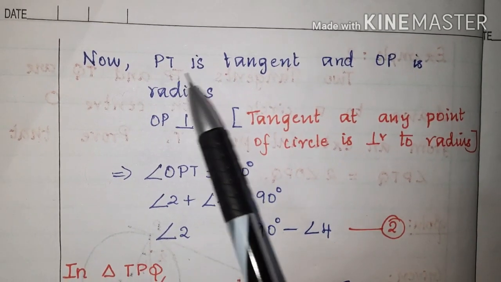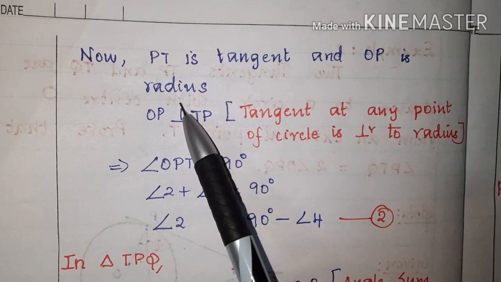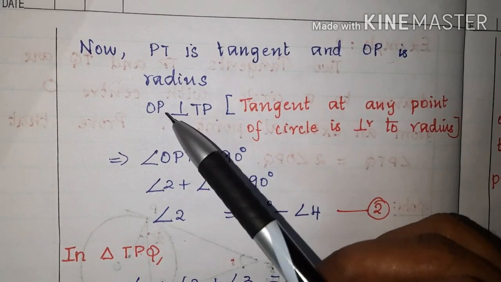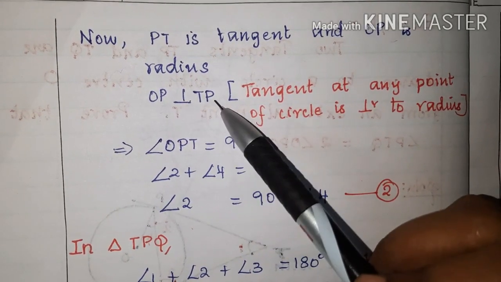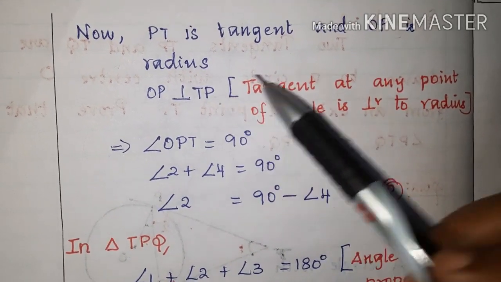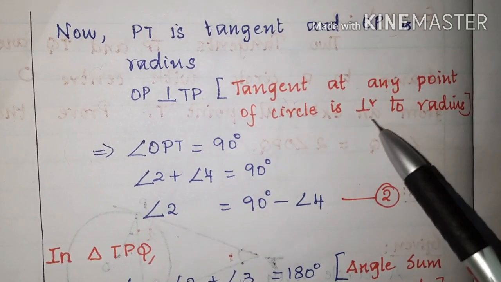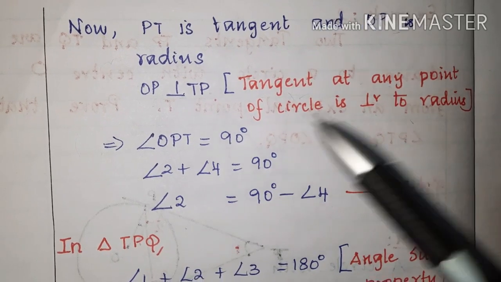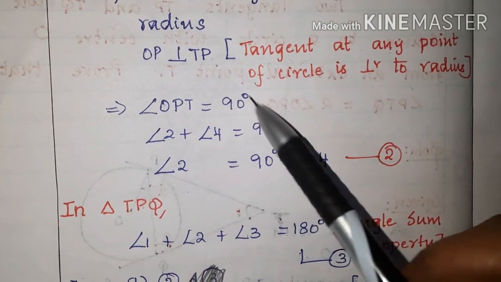Now, PT is a tangent and OP is a radius, isn't it? So you know by the tangent radius theorem that radius OP is perpendicular to the tangent TP. So you write that theorem: the tangent at any point of a circle is perpendicular to the radius. So therefore the angle at P, that is angle OPT, is equal to 90 degrees.